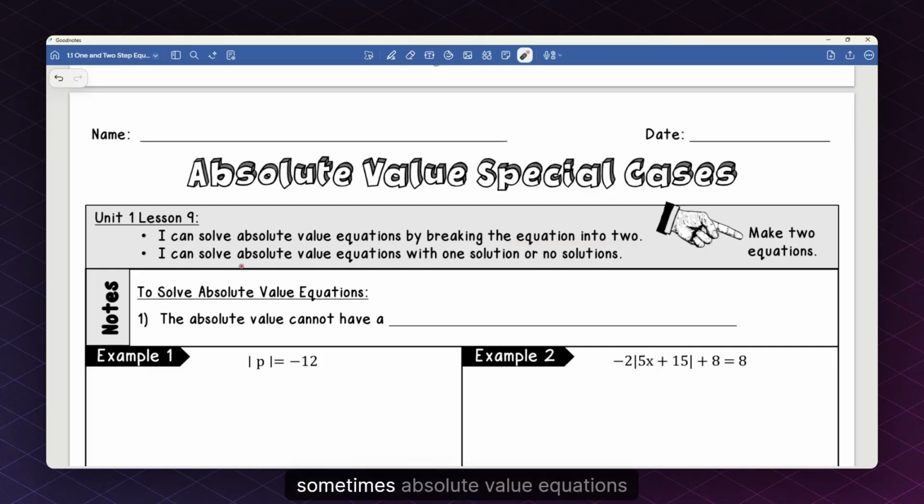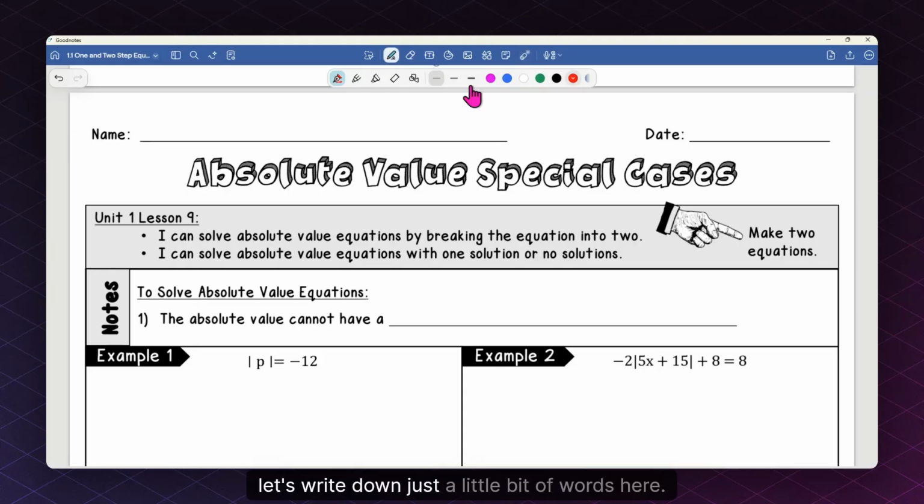But sometimes absolute value equations can have either one solution or no solution. So last class, we were finding ones that all had two solutions, right? Now we have some situations where maybe we only have one or none. And so what does that look like?